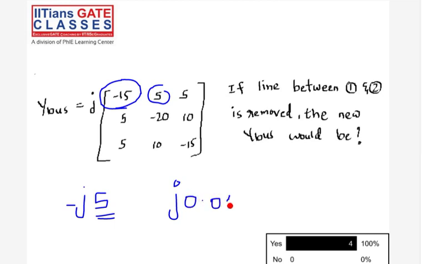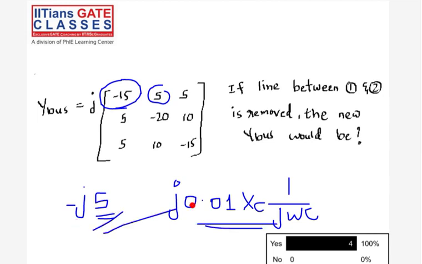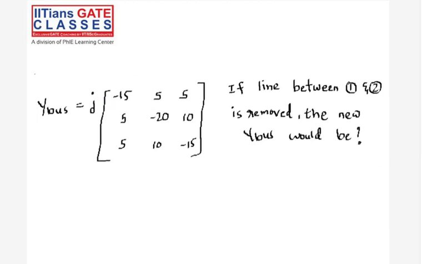That is because it is 1 by j omega c, and this one would be Xc. If you invert it, it would be j omega c, and c is usually in microfarads. So the admittance will be small, and here the admittance would be high. These are just a few things to remember. Let me see if I missed anything.